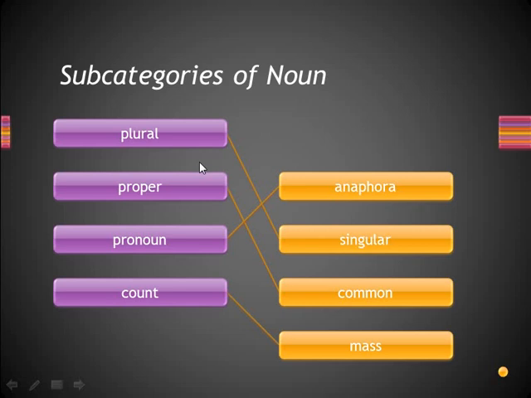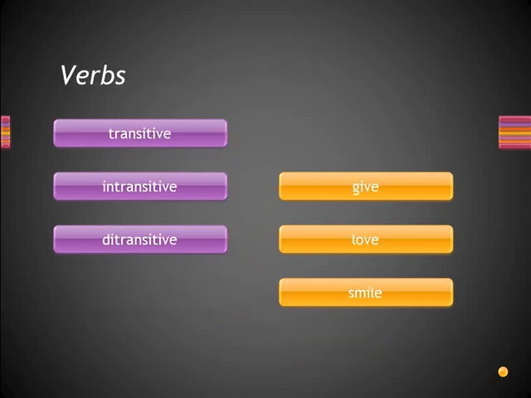Those are the subcategories of noun. We may also find subcategories of verbs: transitive verbs, like love; intransitive, like smile; and ditransitive, like give. Transitive means the verb needs an object, intransitive needs no object, and ditransitive needs more than one object.